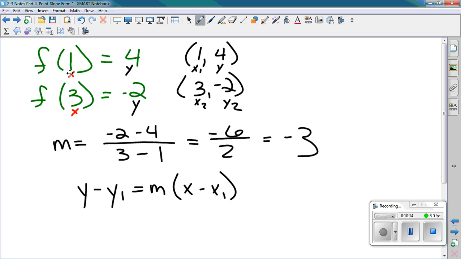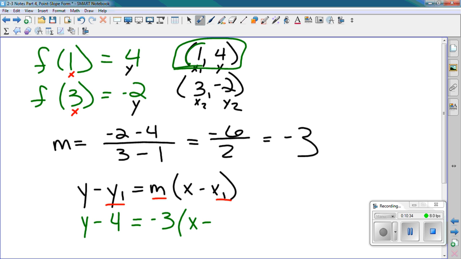Plug in for m, y1, and x1. So I have y minus, remember, it doesn't matter which point I use, I can just pick one. I'm going to go ahead and choose this point where my y is 4 equals, my slope is negative 3, x minus, and my x value is 1.